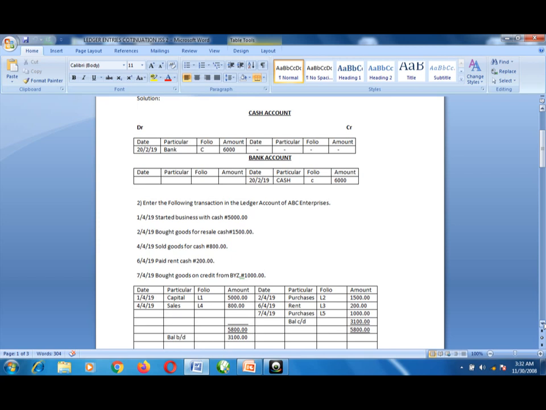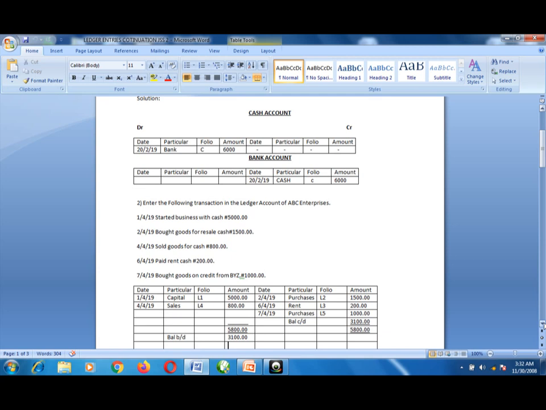Sales goods for cash, that is 800 naira. Then 6/4/2019: ABC paid rent of 200 naira. Then on 7/4/2019: purchased another one on credit from BYZ Limited at the rate of 1,000 naira.